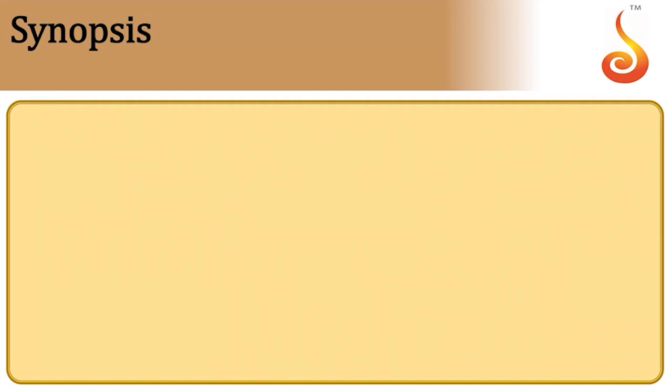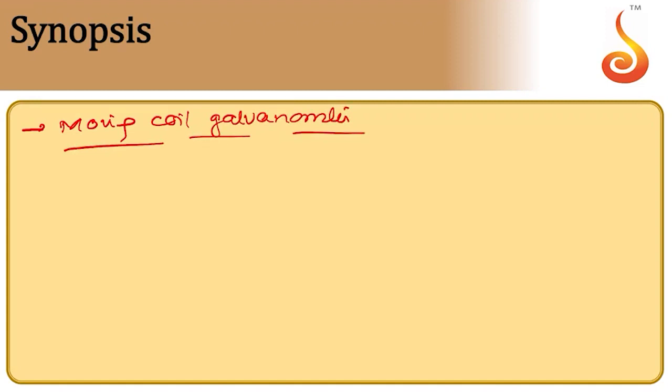There are lots of applications based on this torque. One of such important applications is the moving coil galvanometer. What is a moving coil galvanometer? It is a sensitive coil which can undergo rotation when a current is passed through it. Clearly, torque depends on the current, and thus the more the current, the more is the deflection.